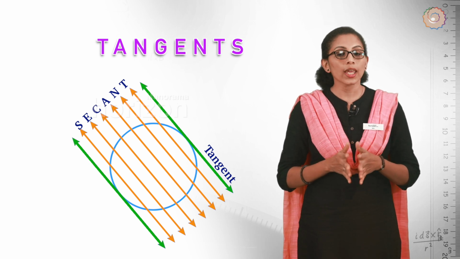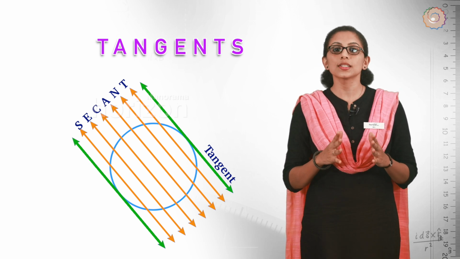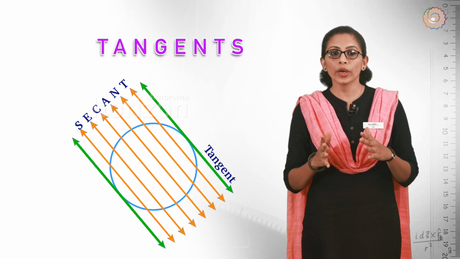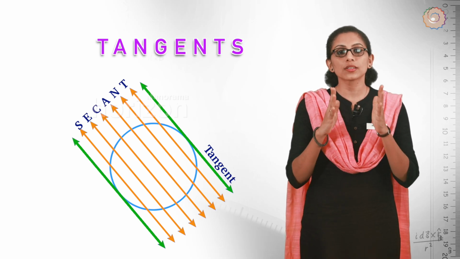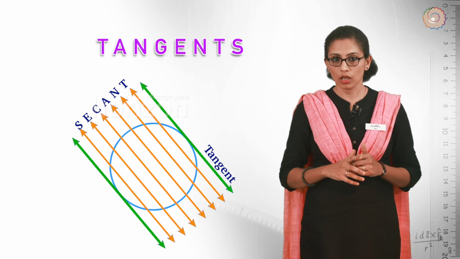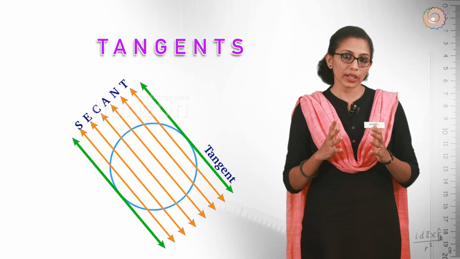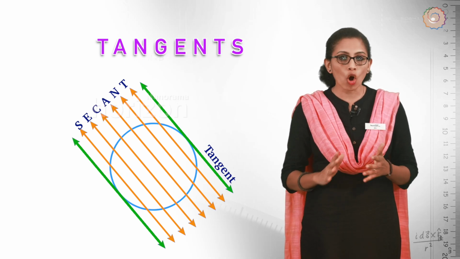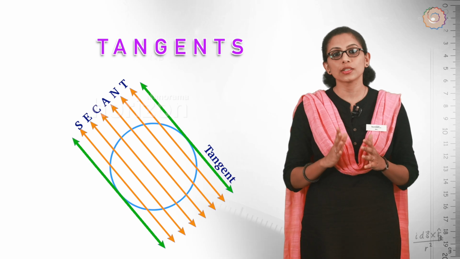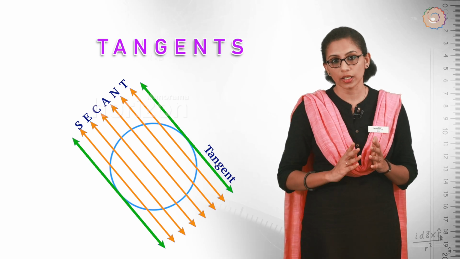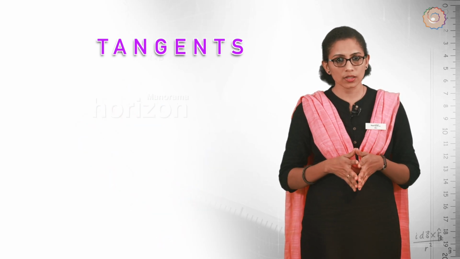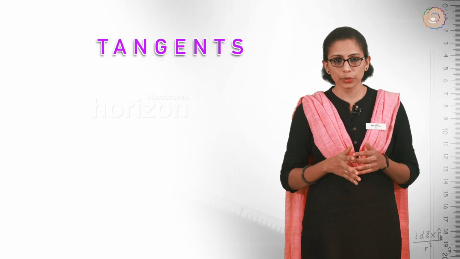Thus, we can say the tangent to a circle is a special case of the secant when the two endpoints of its corresponding chord coincide. Also, from this activity, we can understand that there cannot be more than two tangents parallel to a given secant. Now, a question arises: how many tangents are possible at a point?